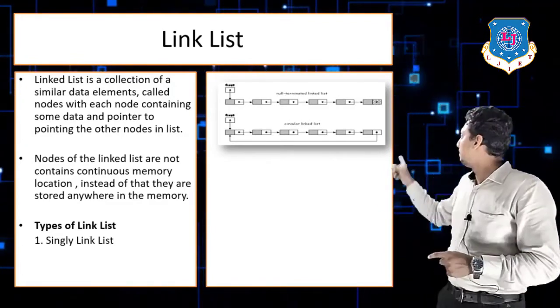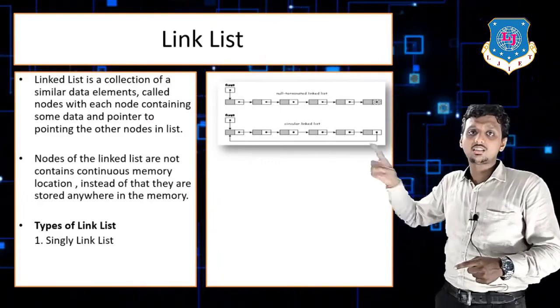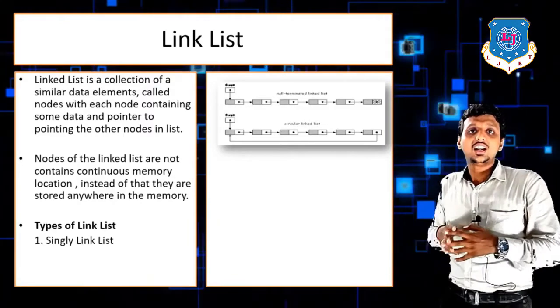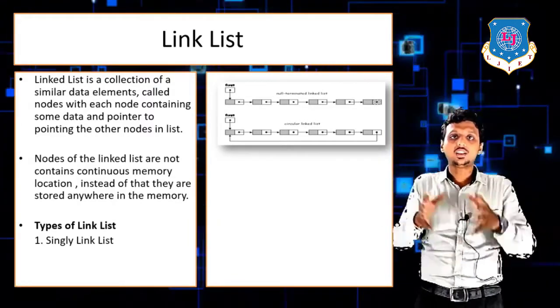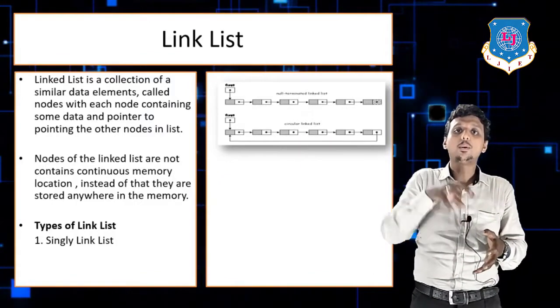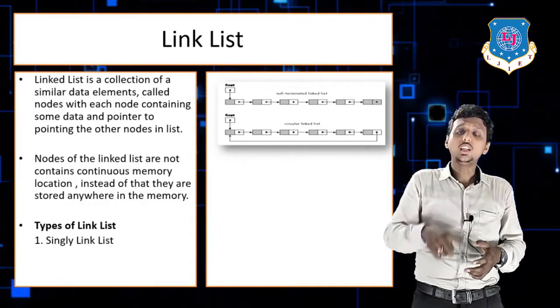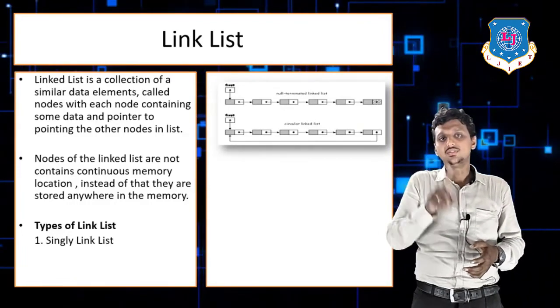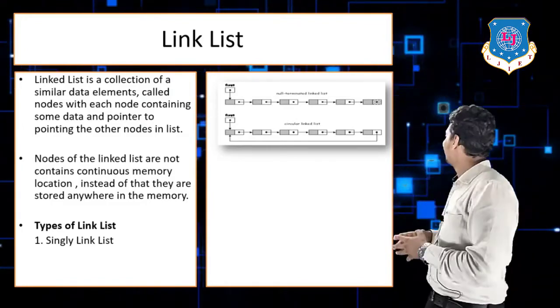The boxes are known as nodes, where each and every node is connected with each other like train compartments. The train compartment is our node and the link between two compartments is the pointer. In a node we have two different things: one is data, one is pointer. That concept is known as linked list.